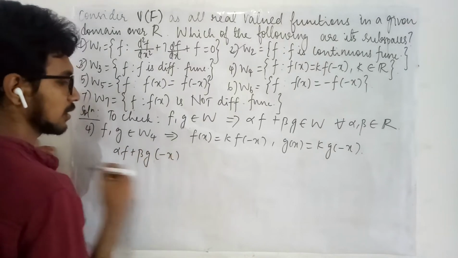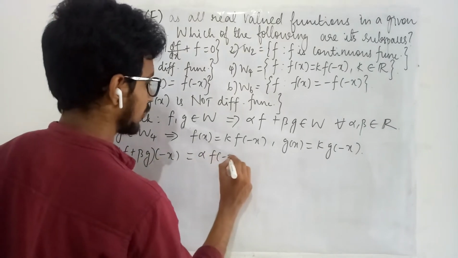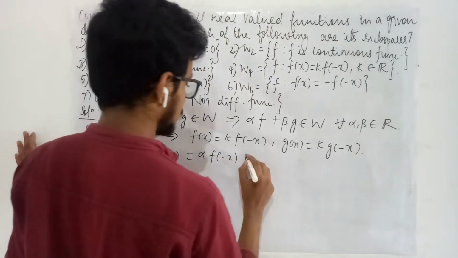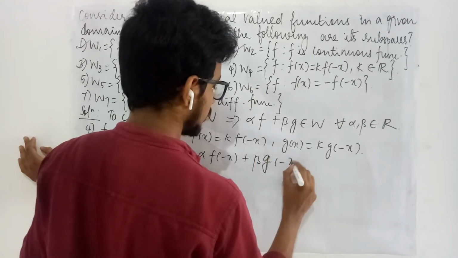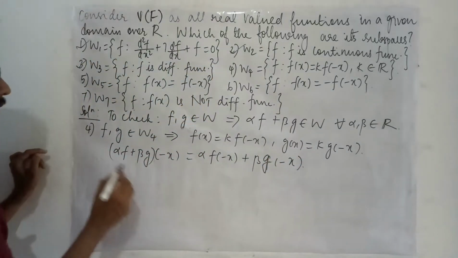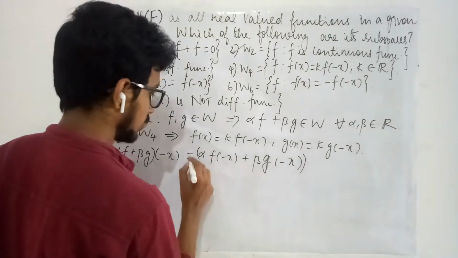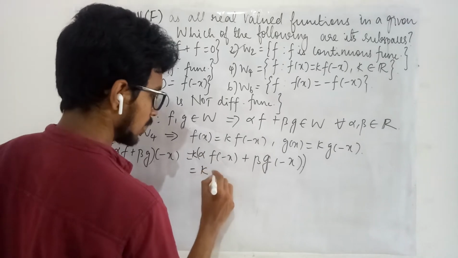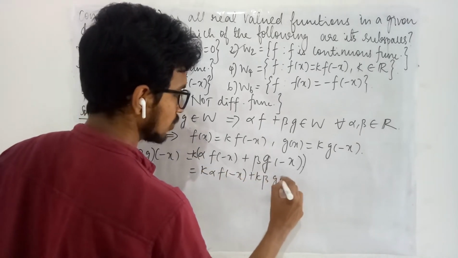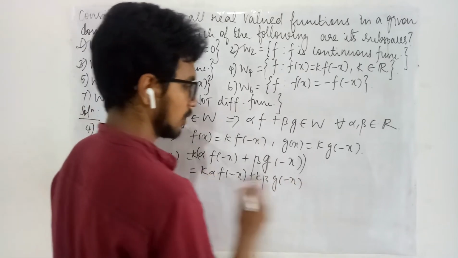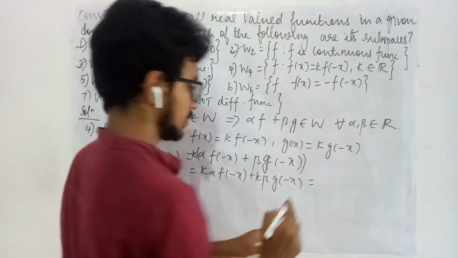Let me evaluate this at minus x. So this is alpha times f of minus x plus beta times g of minus x. Let me multiply by k before. So this is k times alpha into f of minus x plus k times beta into g of minus x, and these two are scalars taken from the reals.